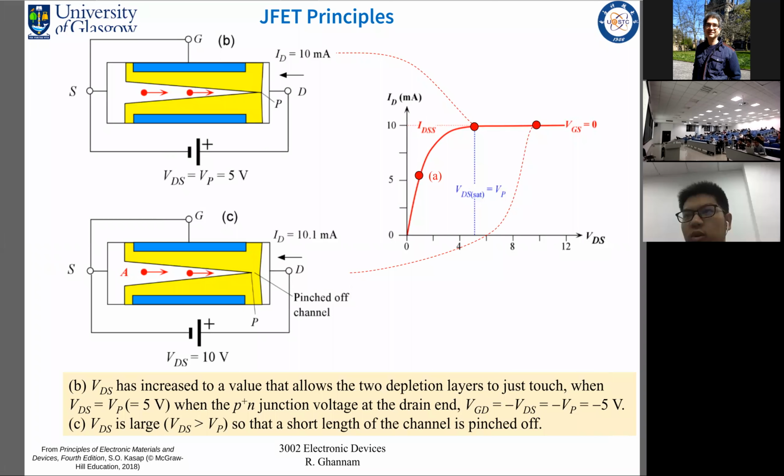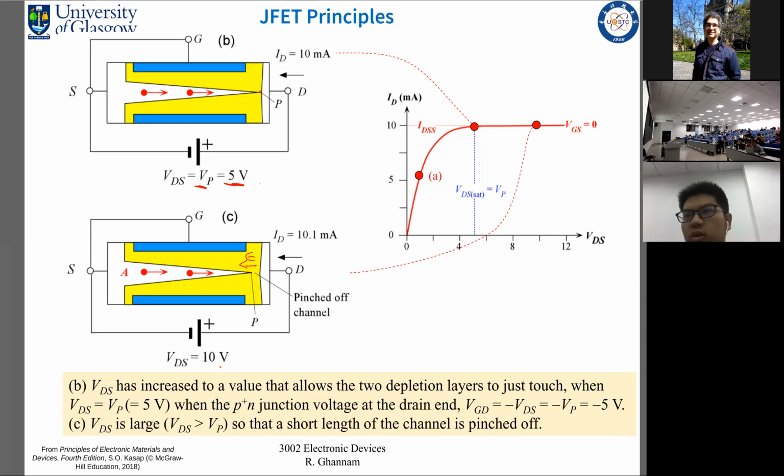So again, assuming VGS is 0, but VDS has reached VP, the pinch-off voltage, 5 volts, now doubling the drain source voltage to 10 volts, we said that the channel is now completely pinched off, but further increasing this VDS results in a shift in the pinch-off point. But as a result of this, what we have created here is an electric field. So here now there is an electric field.